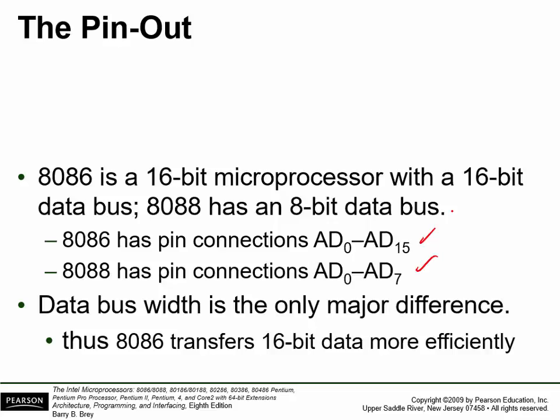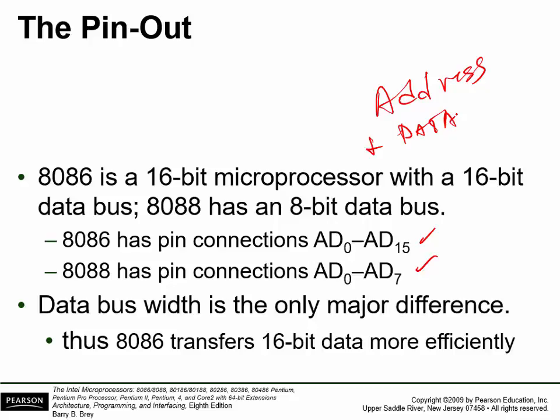Now, AD means address and data. So those are 16 of the pins on the 8086, and 8 of the pins on the 8088, are the address and data bus.